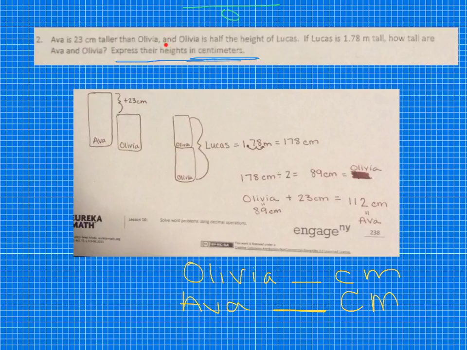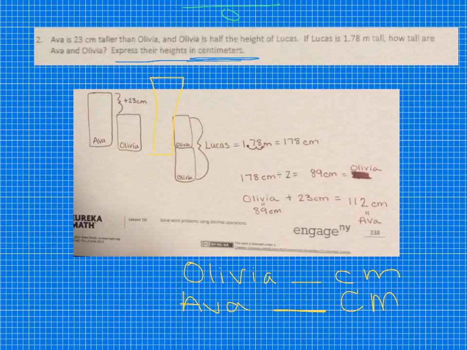And then it says Olivia is half the height of Lucas. Now, that means that I could have drawn Lucas, and I can still do that. Okay, if Olivia is that tall, I could draw Lucas that tall, right? That would be Lucas, because he's 2 of Olivia.